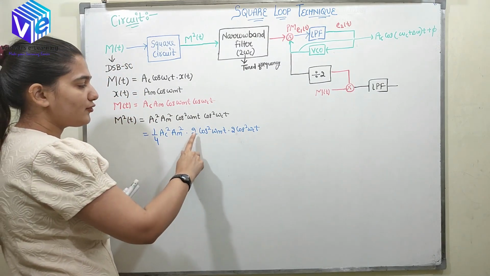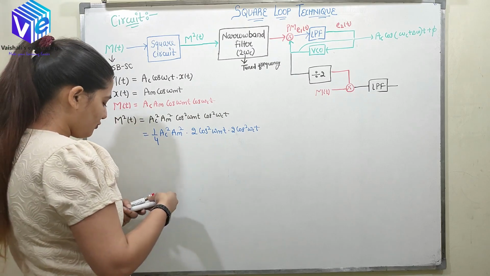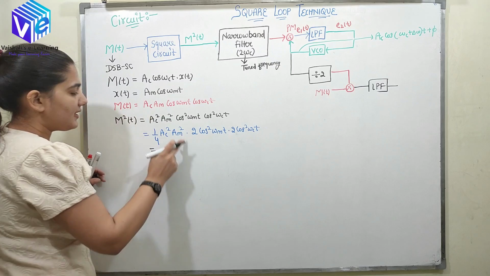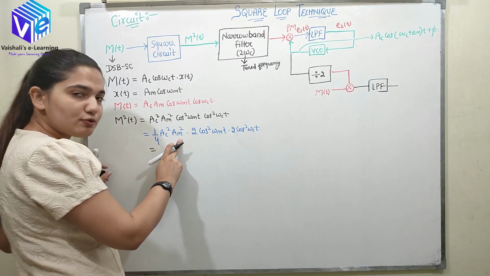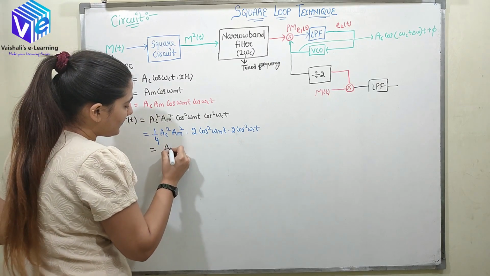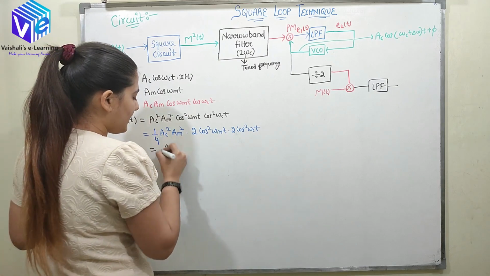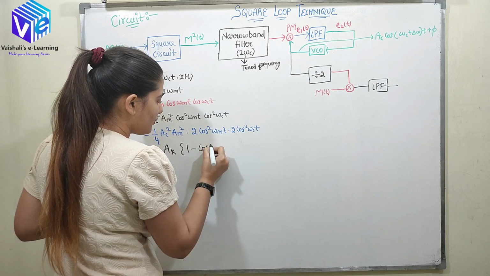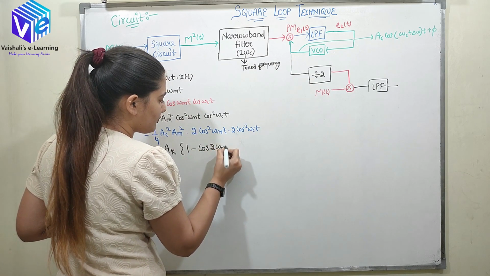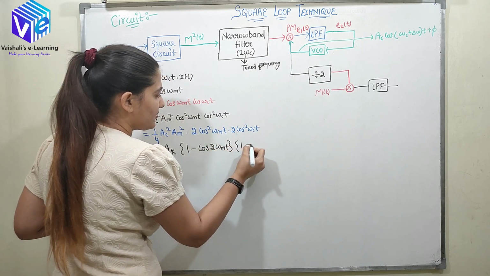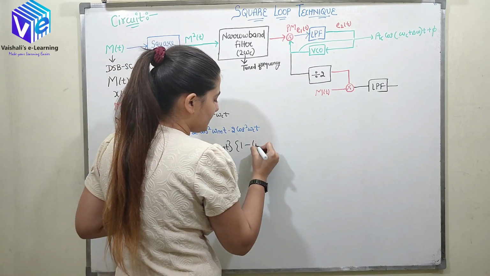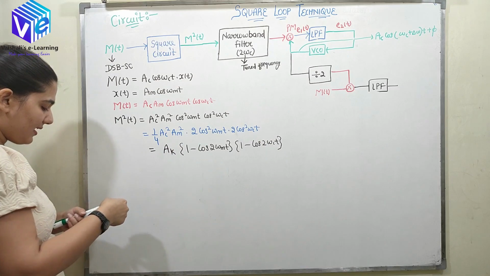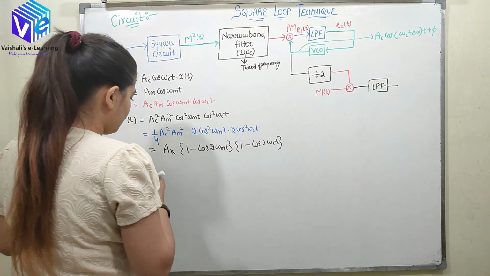This is the formula of 2 cos squared theta. Now I can simplify and write 1 by 4 A_C squared A_M squared. It's a constant, so I am writing it as A_K. Then this is 1 plus cos 2 theta, where theta is omega M t, and this is 1 plus cos 2 theta, where theta is omega C t. Now I'll multiply and see what the output is.